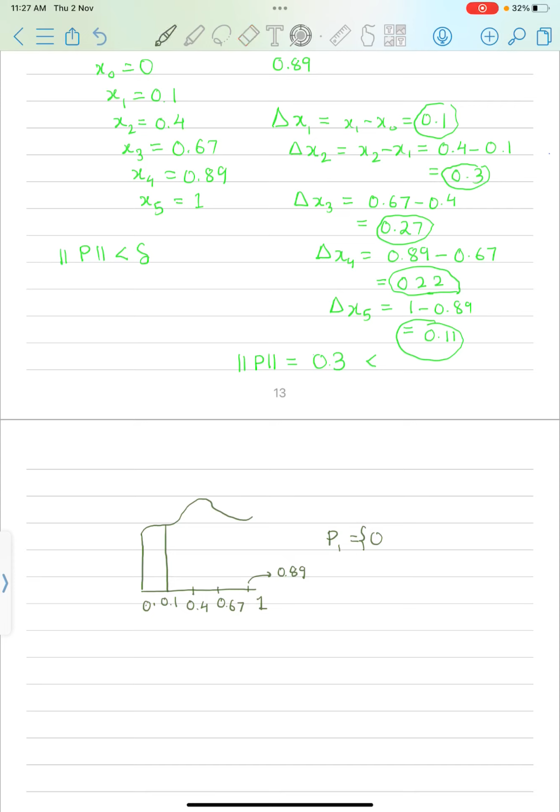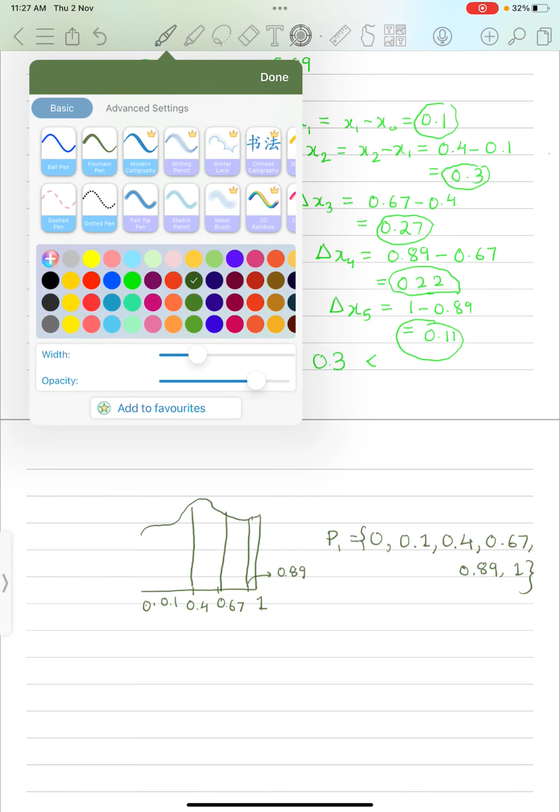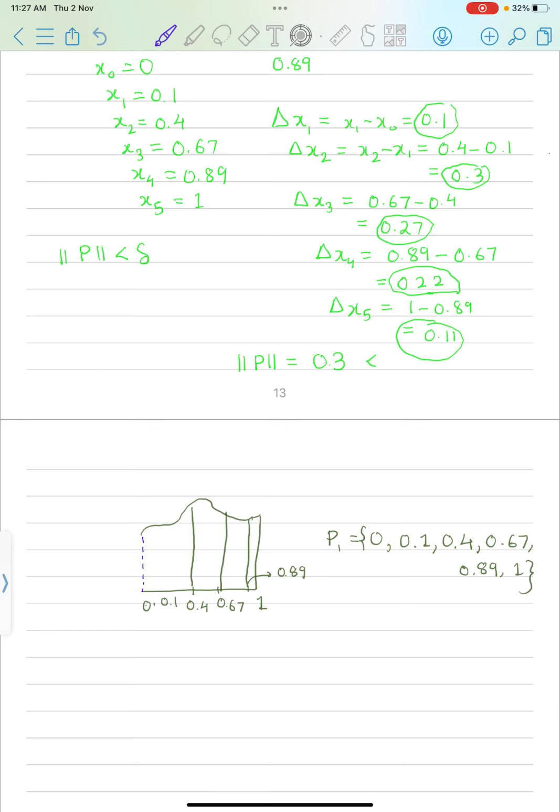This is my partition. Actually, these are not the rectangles where I'm approximating, so I will just draw dashed lines like this. These are the partitions.